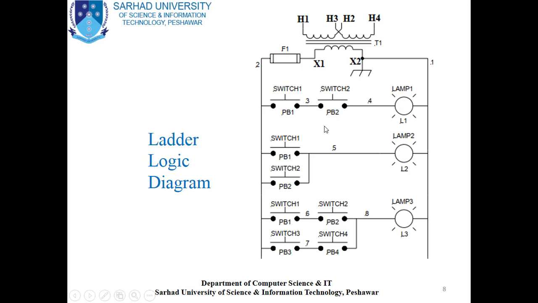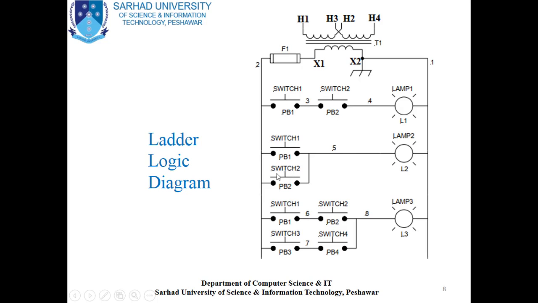If we look at the bottom, here you can see switch 1 and switch 2. These two switches are connected in parallel form or OR form. If we press switch 1, lamp 2 will be turned on.